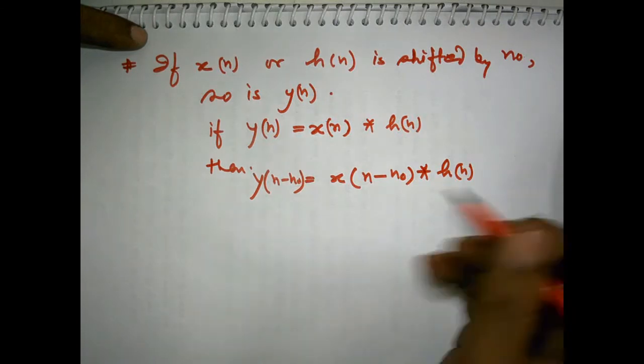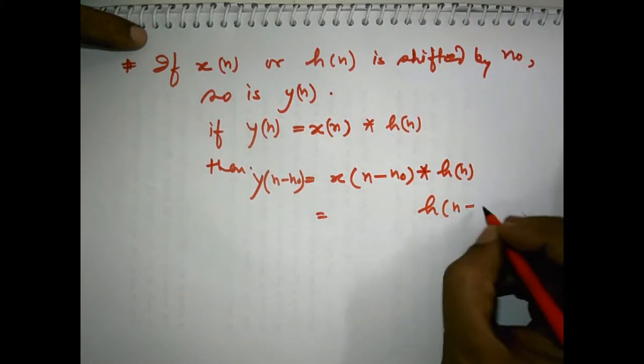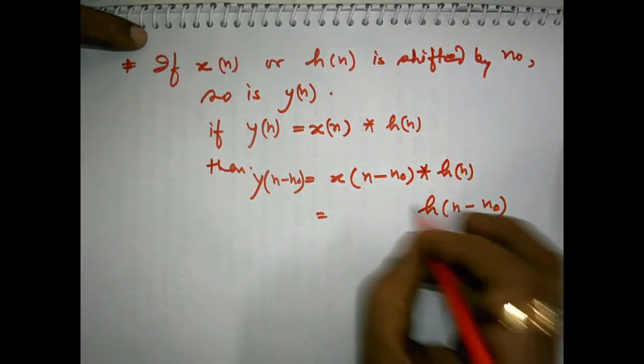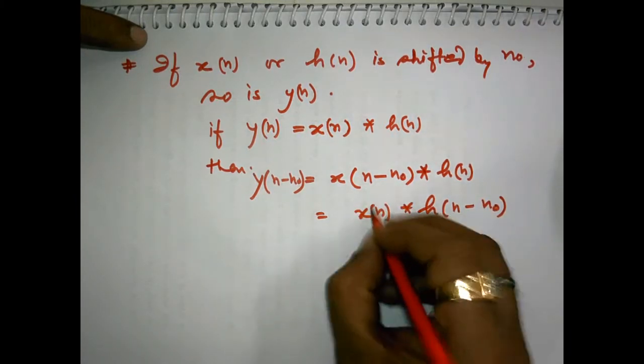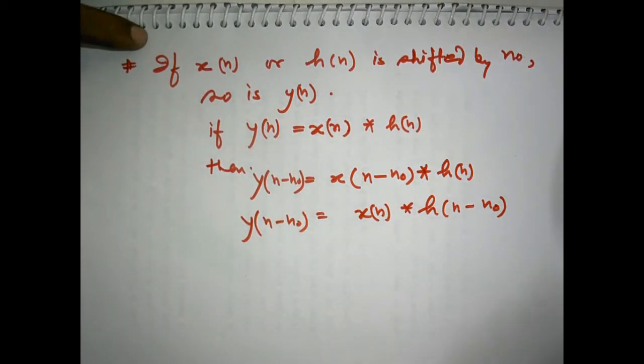In other words, if h[n] is shifted by n0 and convolved with x[n], so is y[n]. You can directly apply this property to obtain the convolution of any given signal.